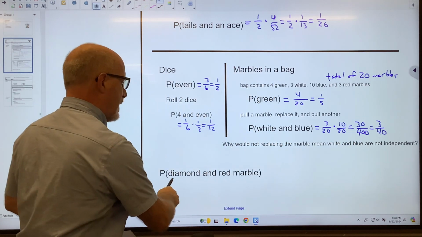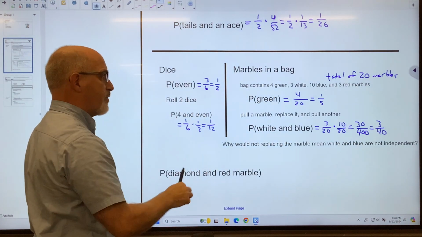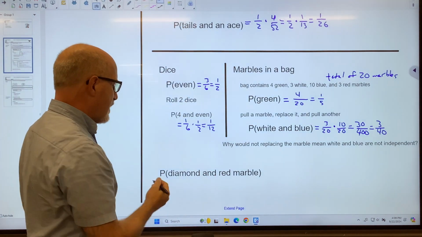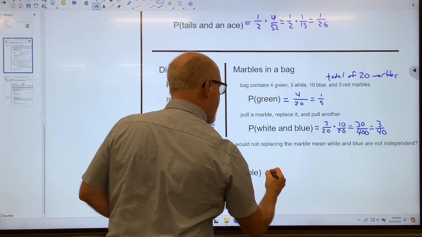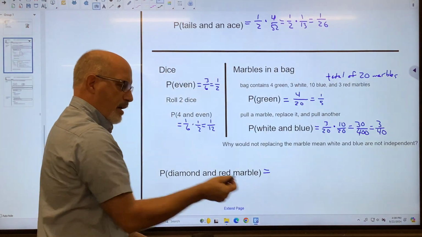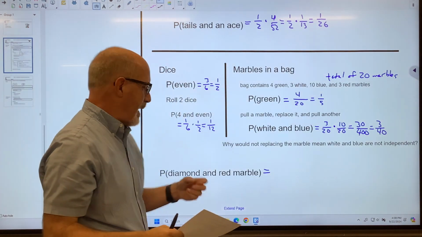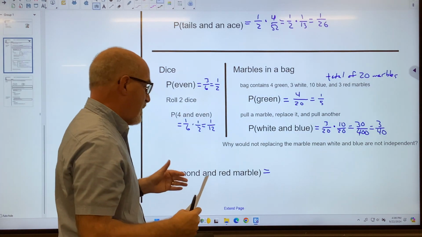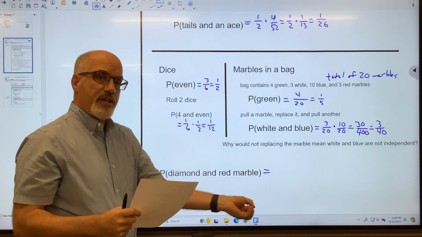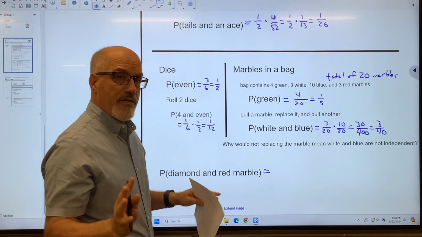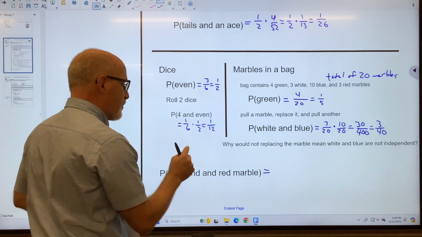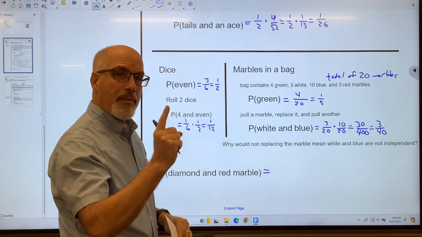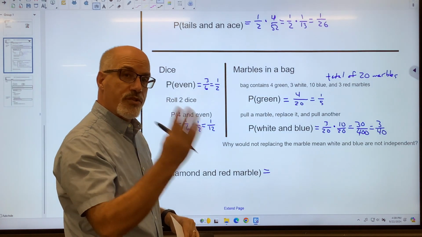Let's go ahead and do now mixing a couple of these different ones. Let's do cards from up above and a red marble. So let's say we want the probability of pulling a card out of the deck and a marble out of the bag, getting a diamond and a red marble. Now, notice these are independent because the card deck and the marble bag don't influence the probability of each. So the probability of getting a diamond is one possibility out of 4 suits.